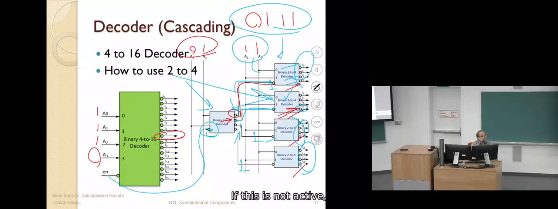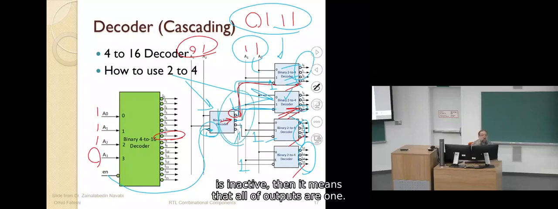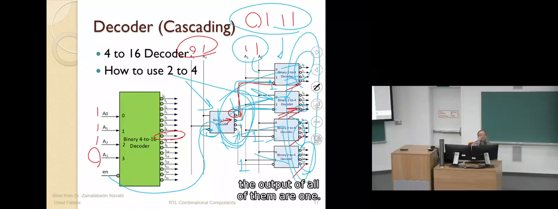If this enable is not active, is inactive, then it means that all of the outputs are 1. And if all of the outputs are 1, they go to the enable of these 4, so the output of all of them are 1. So it means that we have built a global enable for our circuit.